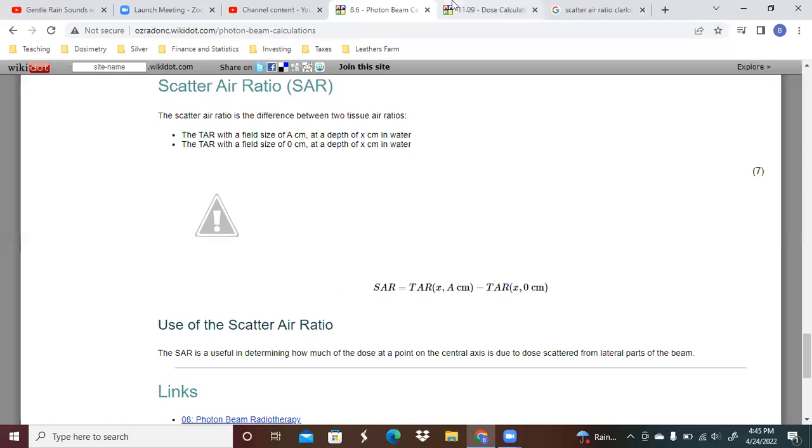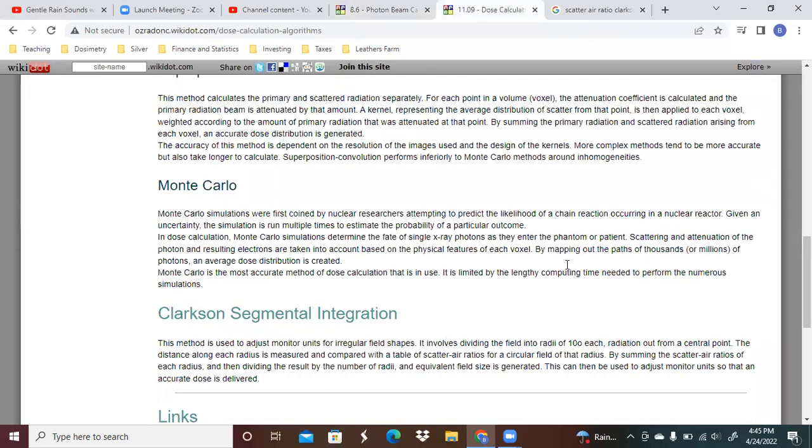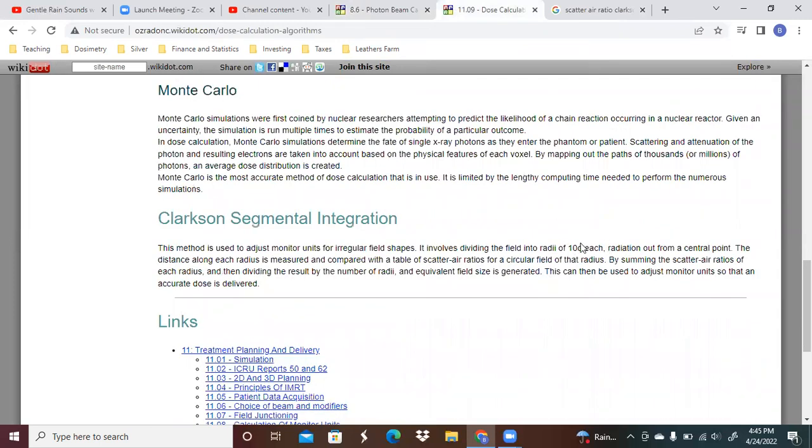And usually, as is recommended, this is another description of the scatter error ratio. It's pretty much what I had already alluded to. What you're doing is dividing the field up into radii of 10 degrees each, radiating out from a central point. The distance along each radius is measured and compared with the table of scatter error ratios for a circular field of that radius.